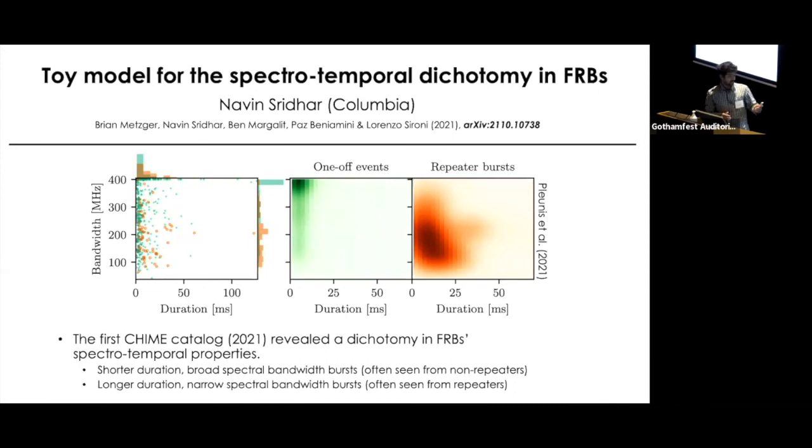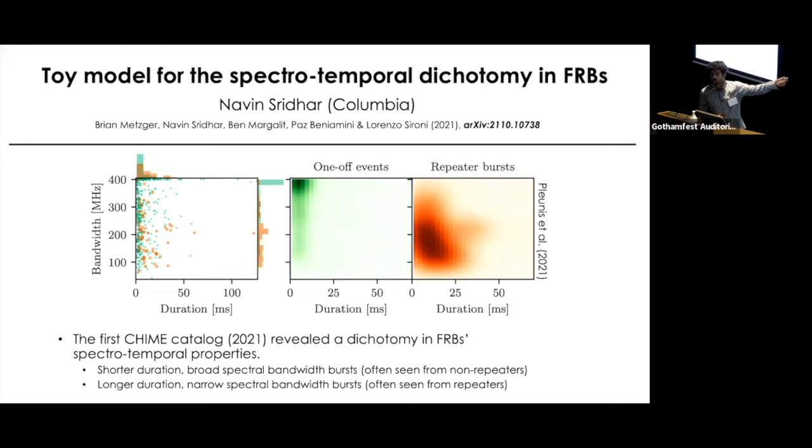Recently, the Canadian CHIME instrument, which is the workhorse of FRB discovery, put out their first catalog containing more than 500 FRBs. And this catalog revealed a very interesting dichotomy in FRBs. So this is the sample of the CHIME FRBs. Here you see the one-off events, and in the right panel you see the repeater bursts.